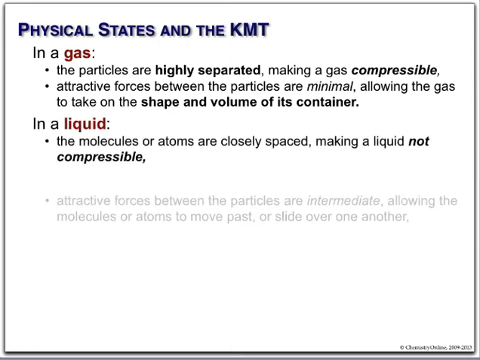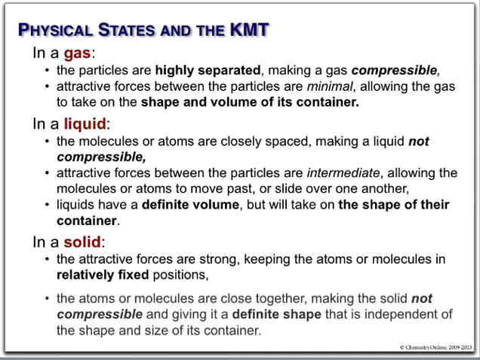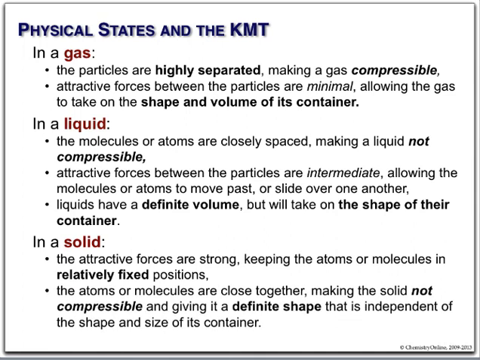In a liquid, the molecules are closely spaced, not compressible. The attractive forces are intermediate, they can move around each other, but still they have a defined volume and take on the shape of their container. In a solid, we have strong attractive forces holding the atoms or molecules in relatively fixed positions. It's not compressible, and it has a defined shape that's independent of the container.